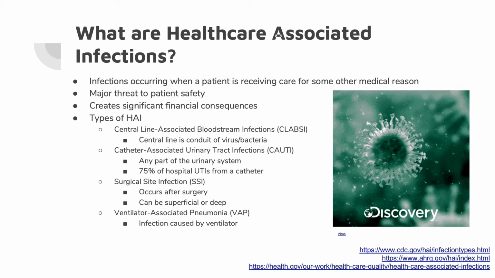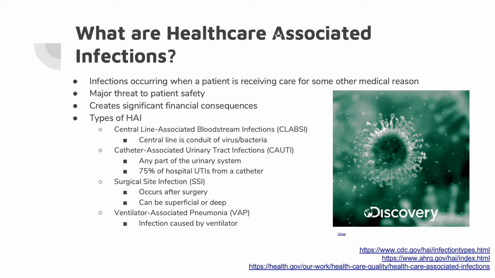Some of the major types of HAIs are central line associated bloodstream infections. This is when a central line is inserted and the virus or bacteria gets into the bloodstream through the central line. There's a catheter associated urinary tract infection. This can happen in any part of the urinary system. One source said that 75% of hospital UTIs come from a catheter.